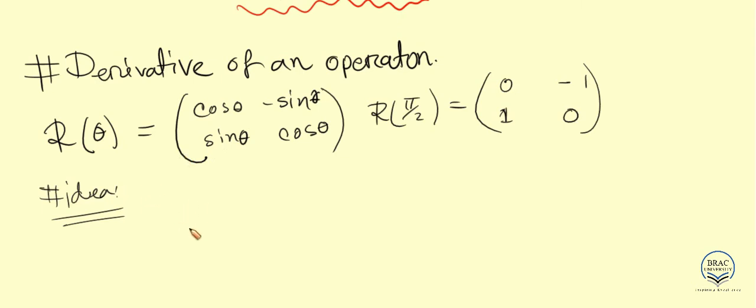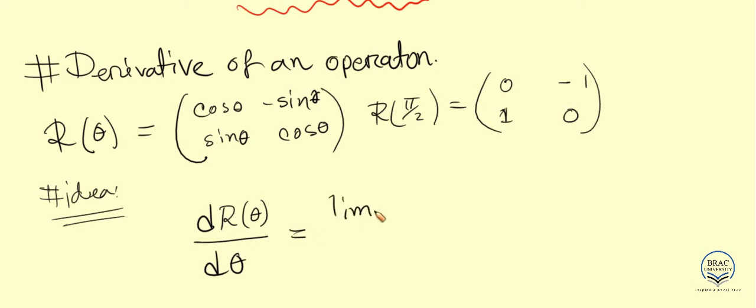So let me just write the formal definition. That is, for any operator R, and let's say it's dependent on theta, we can define the derivative with respect to theta. So that's an important point to note, that the derivatives are defined with respect to the parameter. That is similar to taking derivatives with respect to a variable.